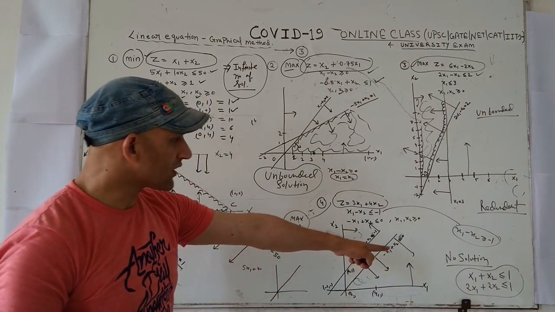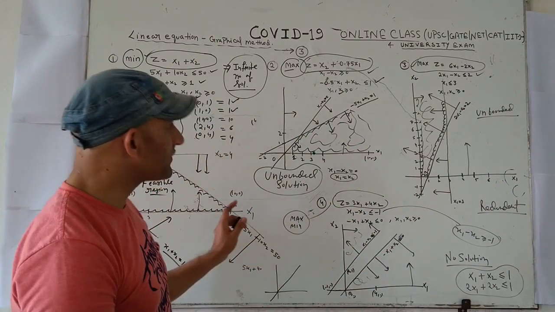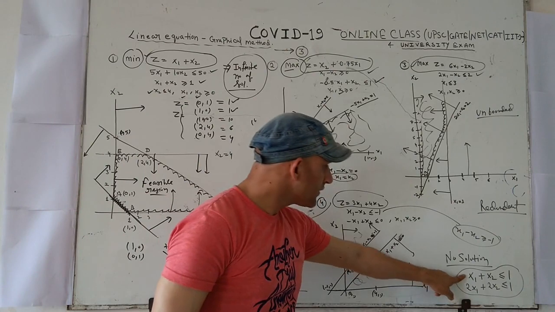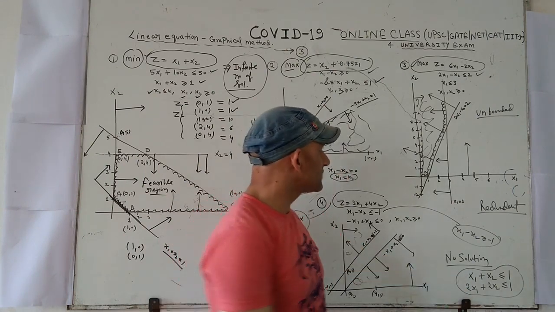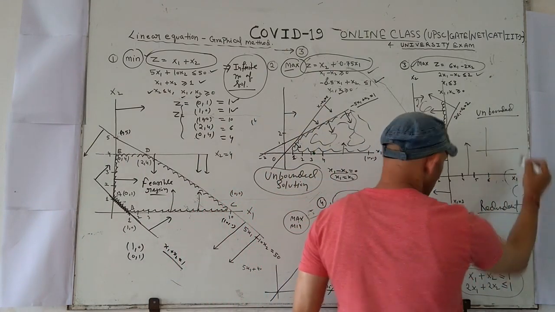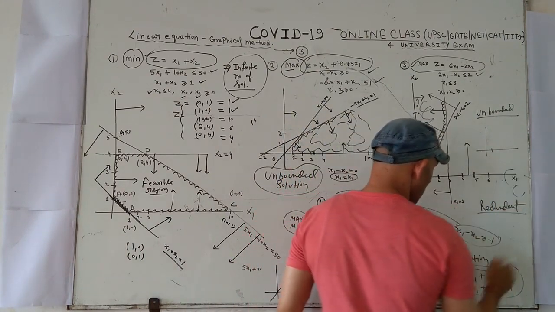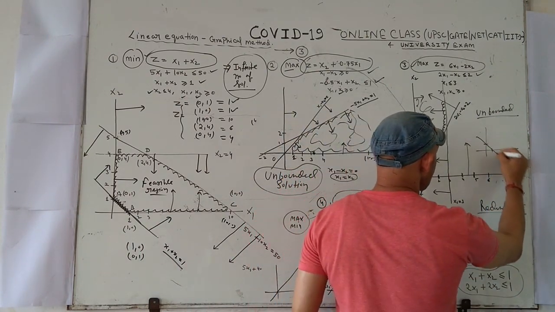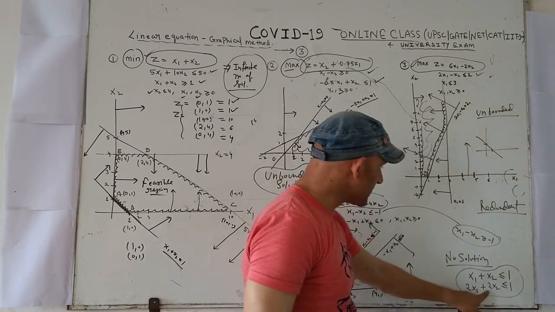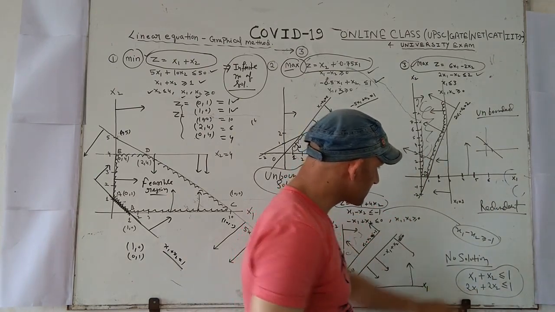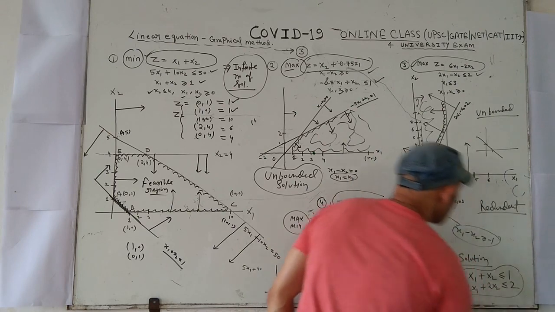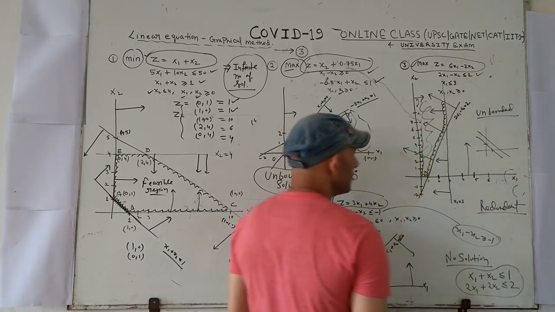If you draw the graph, both show the same condition. Suppose I am drawing here. How to draw this one? (1, 0) and (0, 1) satisfy this line. And this is 2. In this condition your line is this.